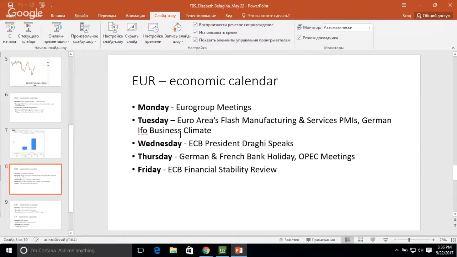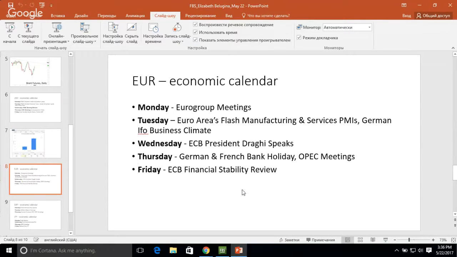Pay attention to the euro area's flash manufacturing and services PMIs. These releases will come for May, and these PMIs represent the latest data on the euro area's economic health. And also there will be the release of German IFO business climate.